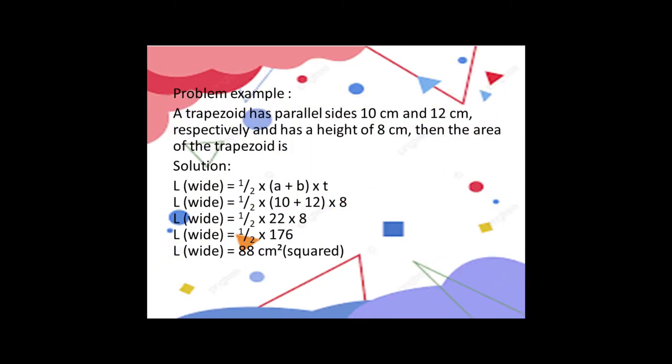Problem example: a trapezoid has parallel sides 10 cm and 12 cm respectively and has a height of 8 cm. Then the area of the trapezoid is.